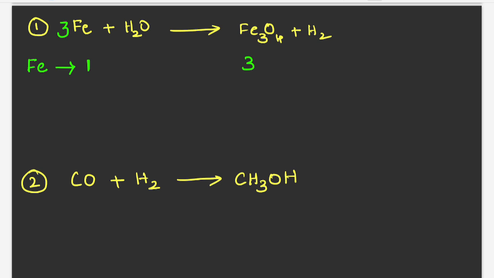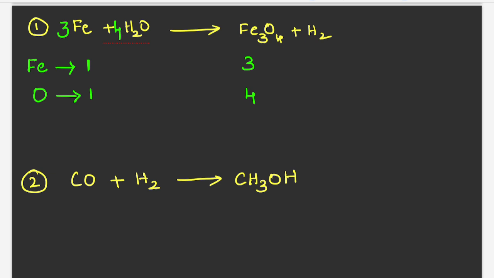You have only one on the LHS side, and on the RHS side you have 4. Therefore, I will have to write 4 here. If I write 4, this 4 belongs to hydrogen as well as oxygen. So 4 oxygen and 4 oxygen. So oxygen is also balanced.